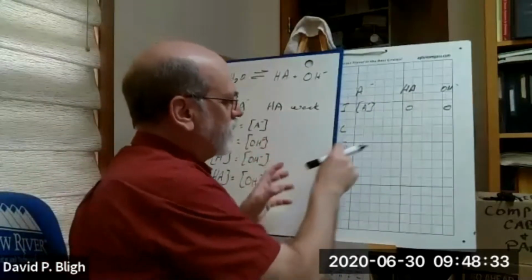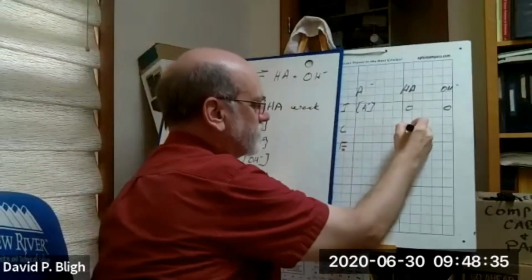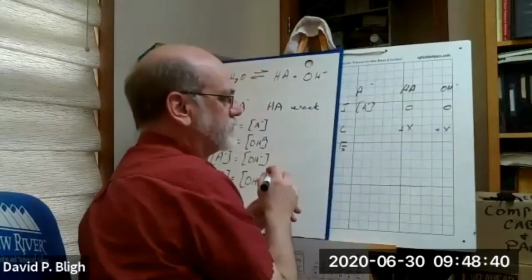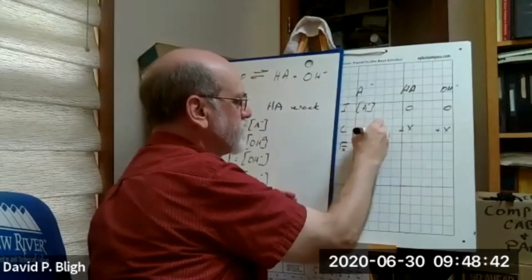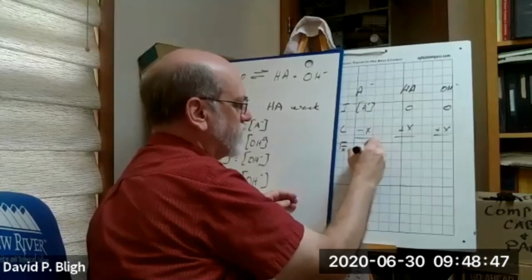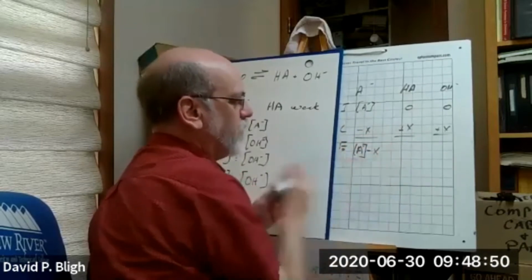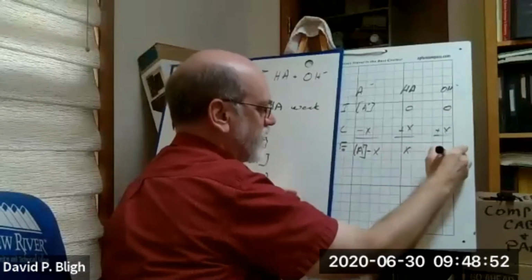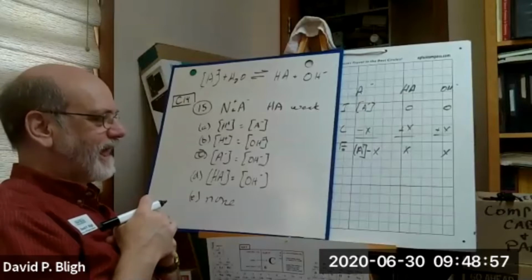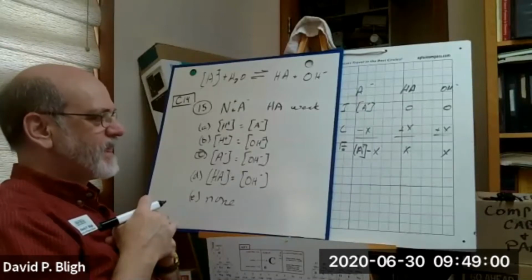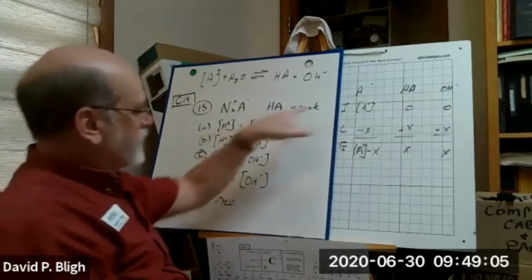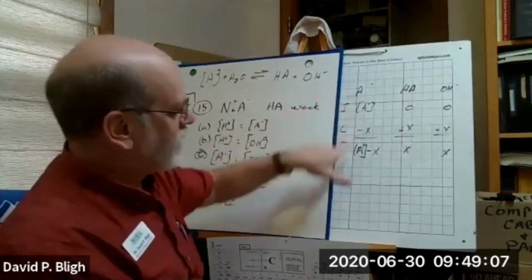So what's going to happen? We're going to produce some of this, and some of that. And we're going to lose it from this side. So the equilibrium situation is going to be this one minus that one. And that one's going to be an X, and that one's going to be an X. Okay, can we say that this one is equal to hydrogen ion concentration?